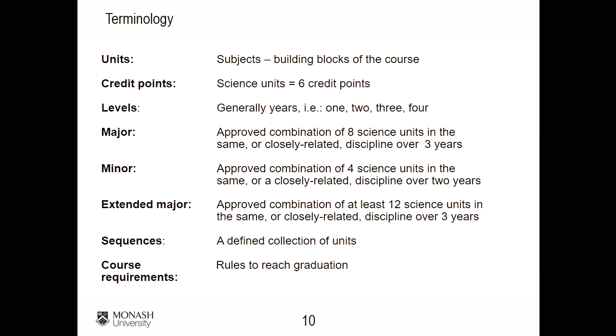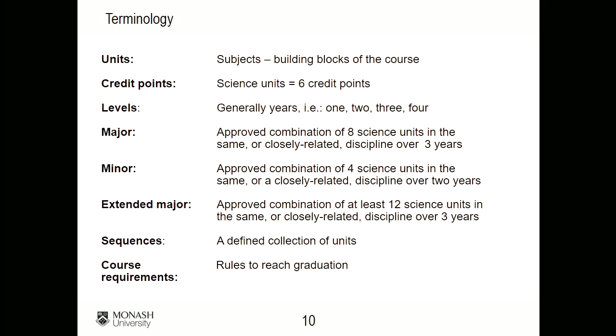In terms of majors and minors, a major is an approved combination of 8 science units in the same or closely related discipline, and you need to have completed at least a major to complete a science degree. And you do that over 3 years. A minor sequence is an approved combination of 4 units in the same or closely related discipline over 2 years. Whereas an extended major is a combination of 12 science units. So in your course, you can complete 2 science major sequences, an extended major and a minor sequence.